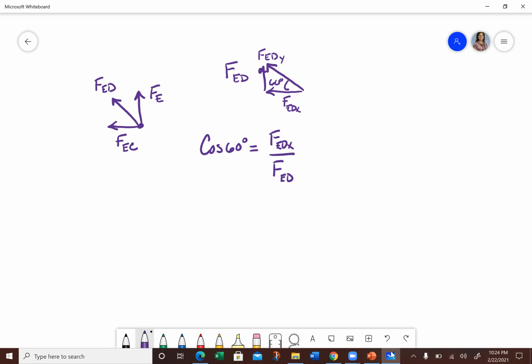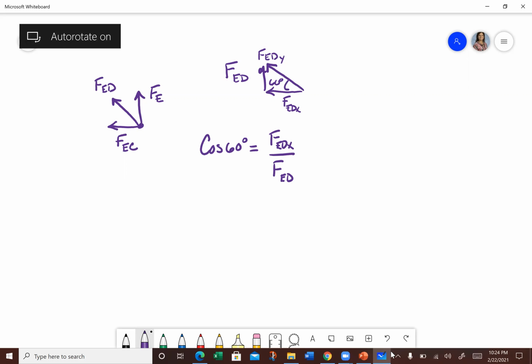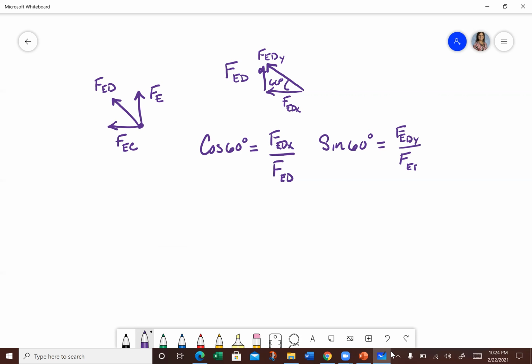Now, sine of 60 degrees is the opposite, FEDY divided by FED. So FED sine 60 equals FEDY, and FED cosine 60 equals FEDX.